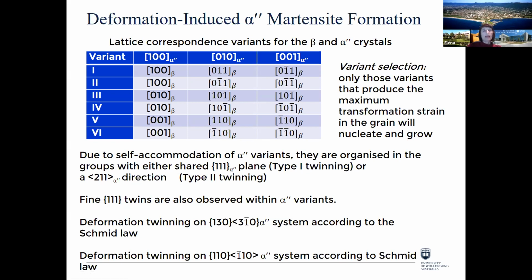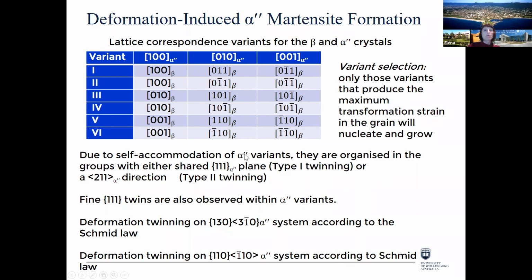Also, self-accommodation by alpha double prime variants of strain accumulated in the beta matrix as a result of formation of the first variant leads to a special configuration or arrangement of the next forming alpha variants.